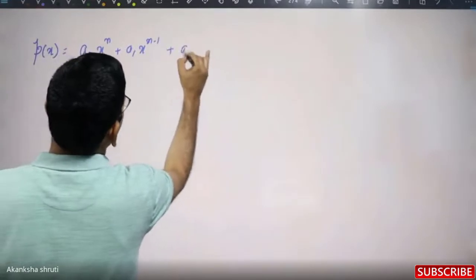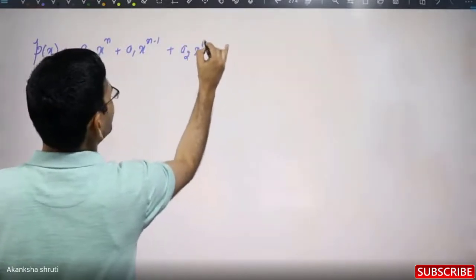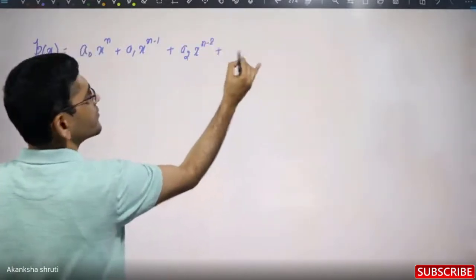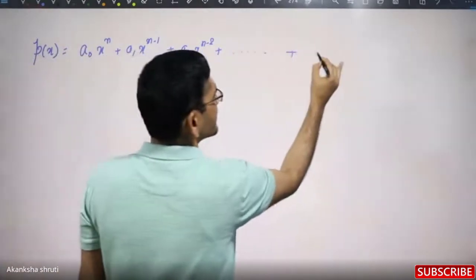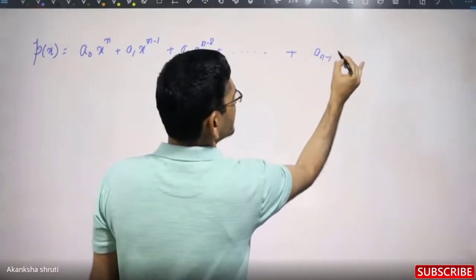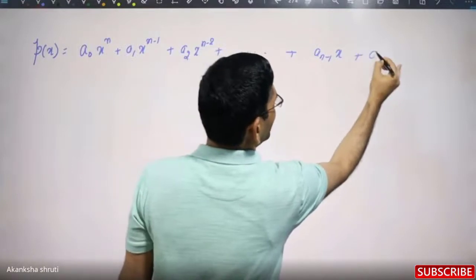Student, a polynomial must have the form a0 x to the power n plus a1 x to the power n minus 1 plus a2 x to the power n minus 2. We are going on, up to a(n minus 1) x plus an.